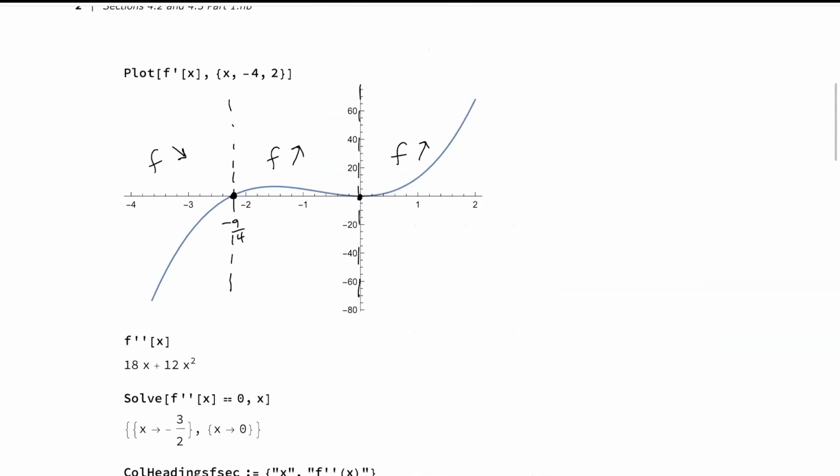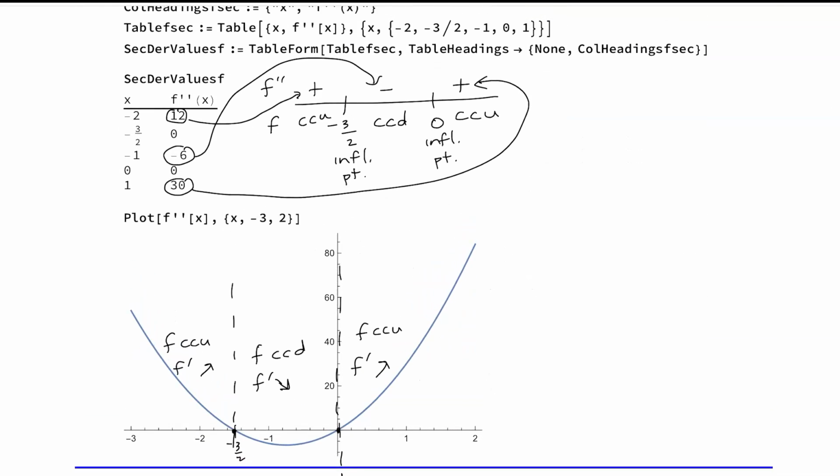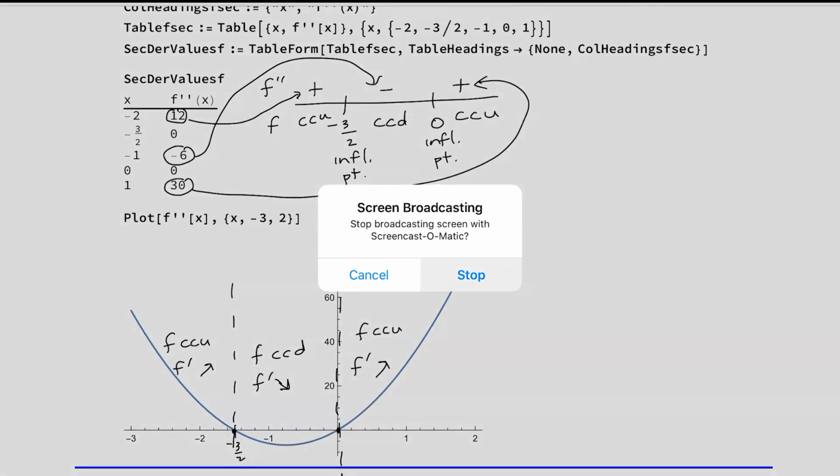Where f double prime is positive, f prime is increasing. Where f double prime is negative, f prime is decreasing. Where f double prime is positive, f prime is increasing. So again, just keep in mind the same relationships that hold between f and f prime also hold between f prime and f double prime.